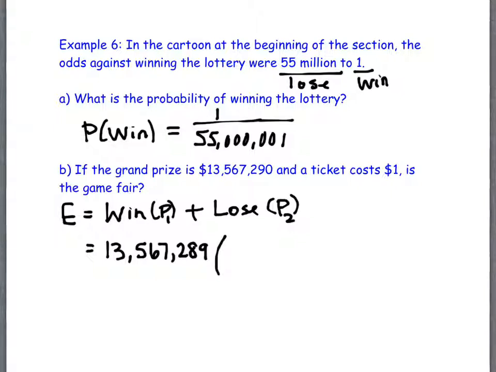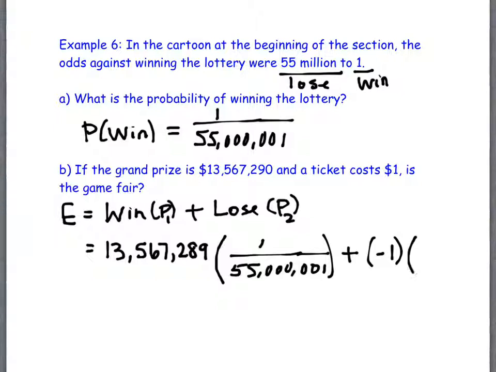What's the probability that you win? Yeah, it's part A, right? 1 over the 55 million and 1, like this. All right, then, if you lose, what happens? You lose $1, so that's -1, right? Because you paid $1 to play. You're out $1 in your wallet.